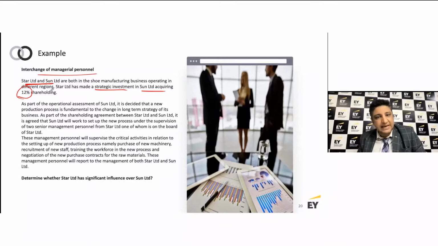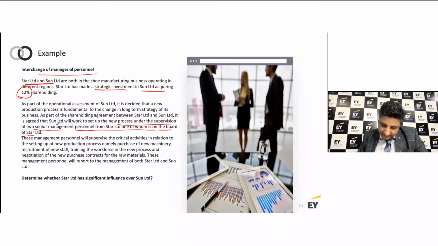And as a part of the agreement, it is agreed that Sun Limited will work to set up the new process under the supervision of two senior management personnel from Star Limited, one of whom is on the board of Star Limited, right?